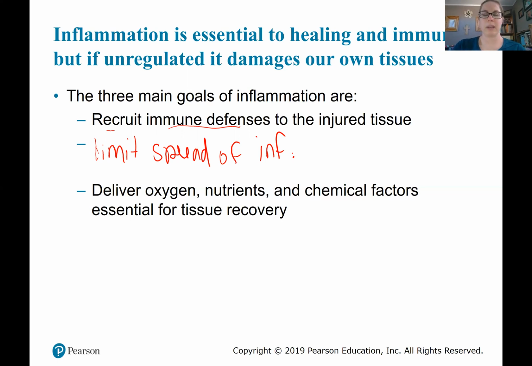When there's inflammation, that process also delivers more oxygen and nutrients and white blood cells and so forth to that area for recovery and also to help limit the spread of that infection.